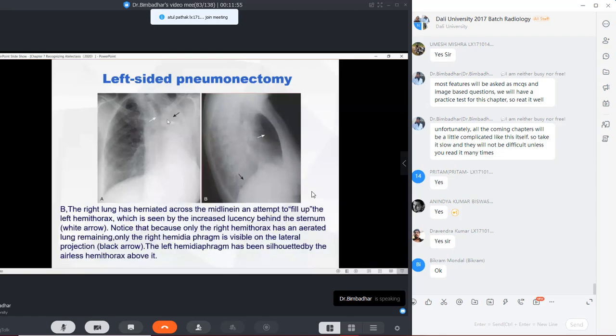And you see here, in the lateral radiograph, actually the right lung has herniated along the midline to attempt to fill up the left hemithorax. Okay, which has increased lucency behind the sternum. You see here, there is increased lucency just behind the sternum.